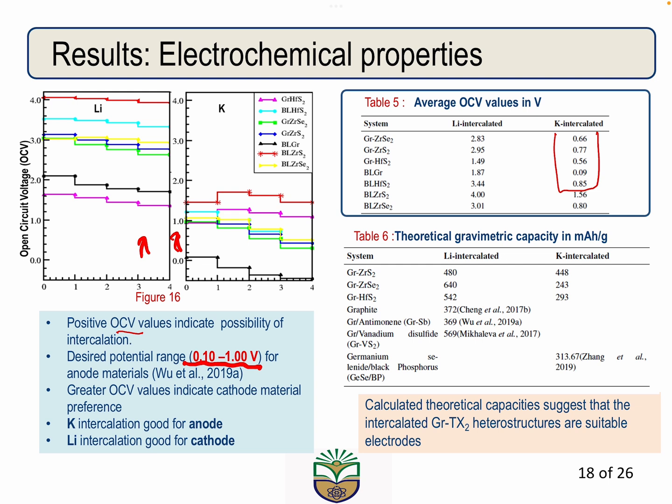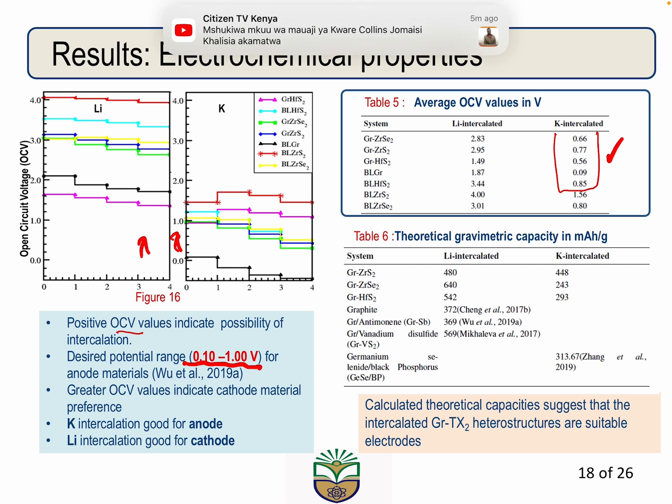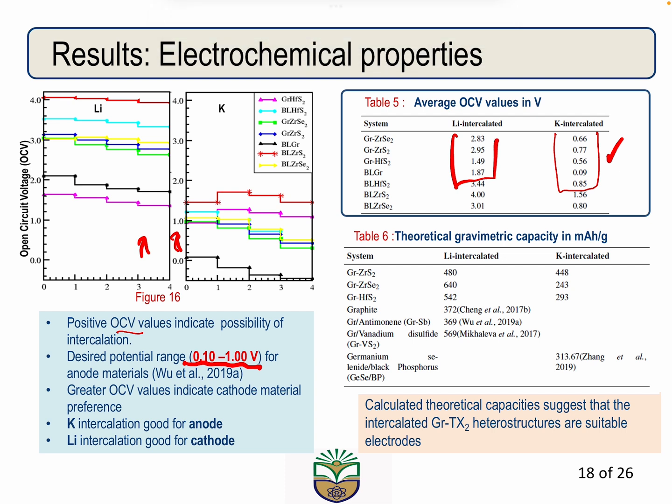And what we found was that the potassium intercalated system would make a very good anode, while for the lithium intercalated systems, we found all the heterostructures to have an open circuit voltage greater than 1, and therefore they would make for very good cathode.